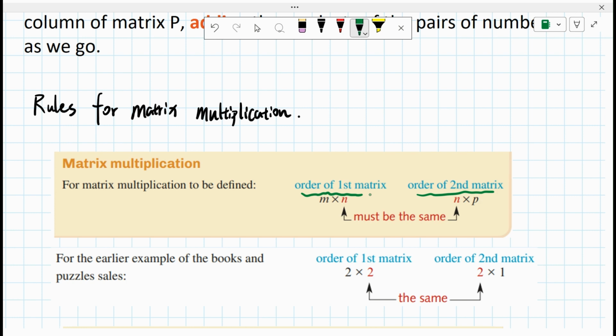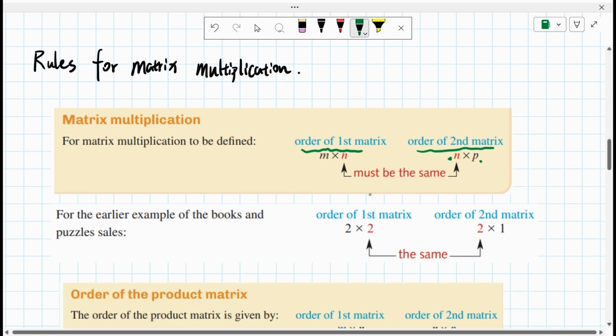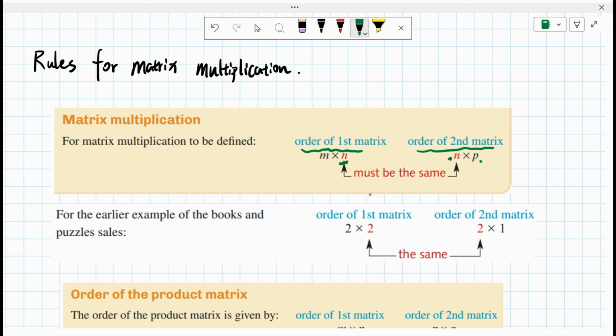We know it's row multiplied by column, but they must match. So your first matrix's columns must be equal to the second matrix's rows. Let me start again: the first matrix's number of columns has to equal the second matrix's number of rows.